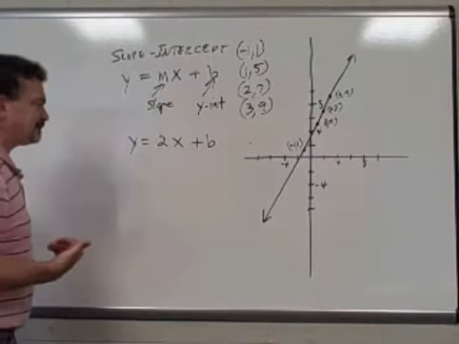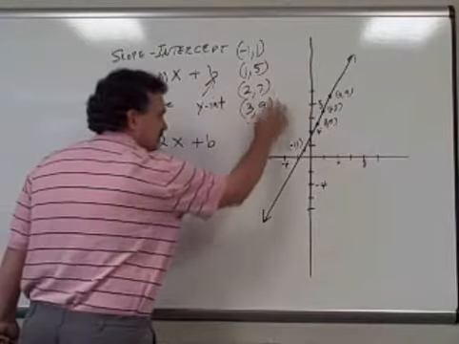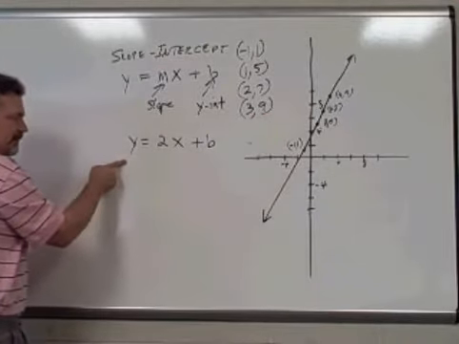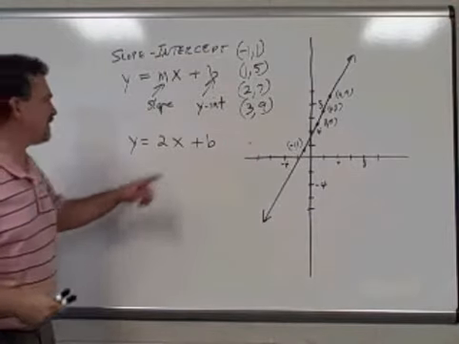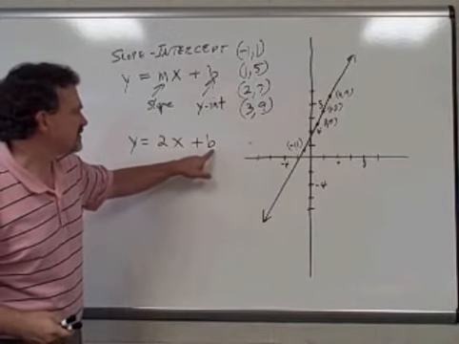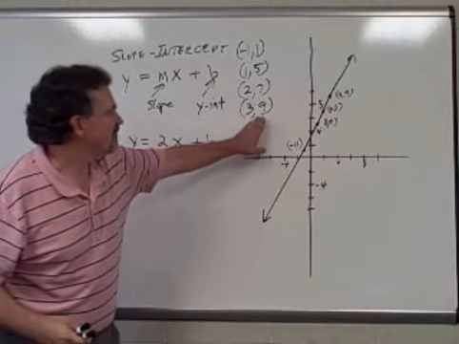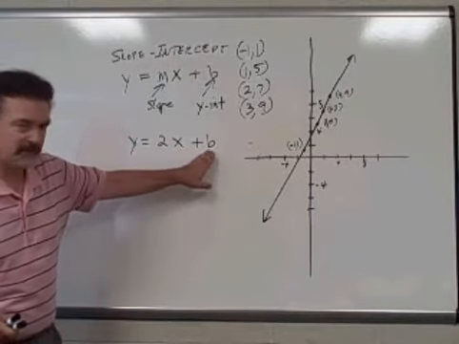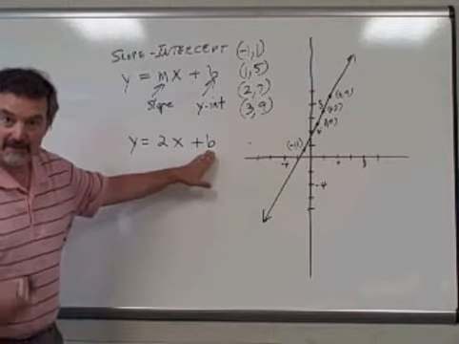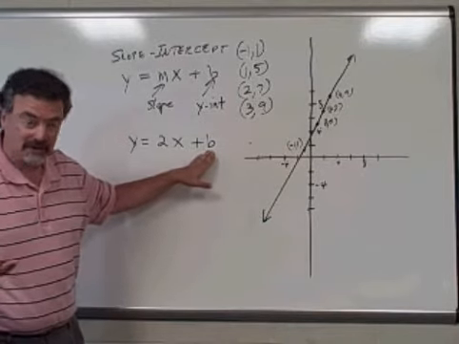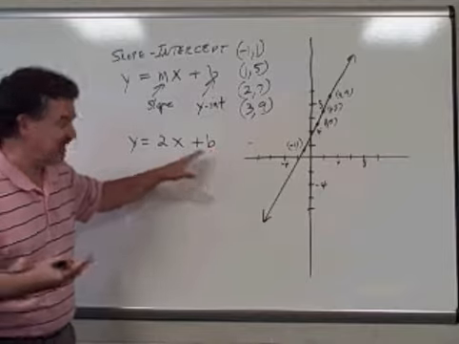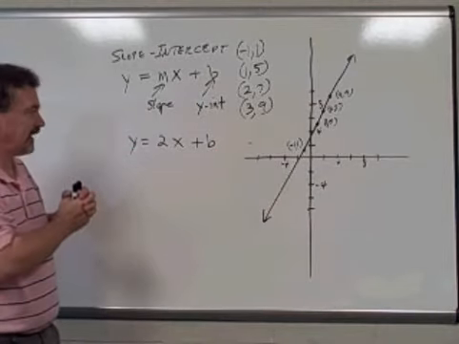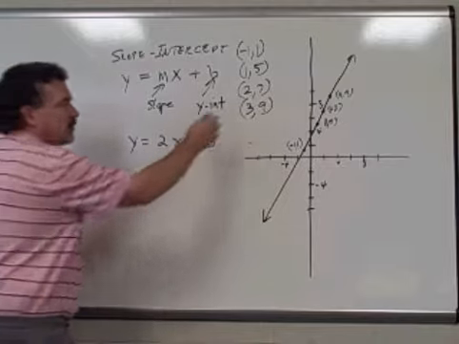Well, think about it. These points are solutions to this equation. Doesn't that mean that if I put one of these points in for x and y, this number has to make it work? What I mean by make it work is that this number, whatever it is, will have to make the left side the same as the right side.